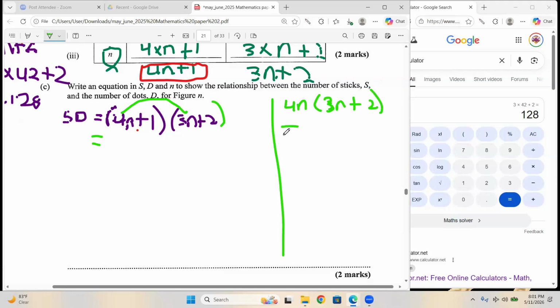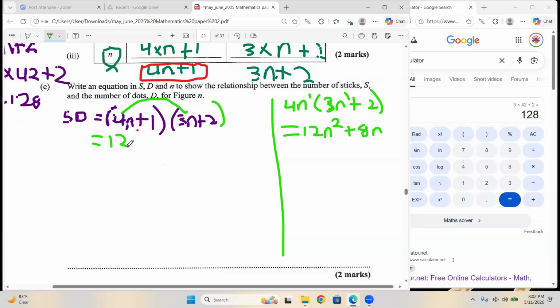So 4 threes are 12, n by n is n squared because both of them are to the power of 1, so you add their powers and get the power of 2 when you multiply. And then 4 by 2 is 8. Both of them are positive, so we put plus 8. And the n, don't forget to put it back here because there isn't another n, so that will remain.